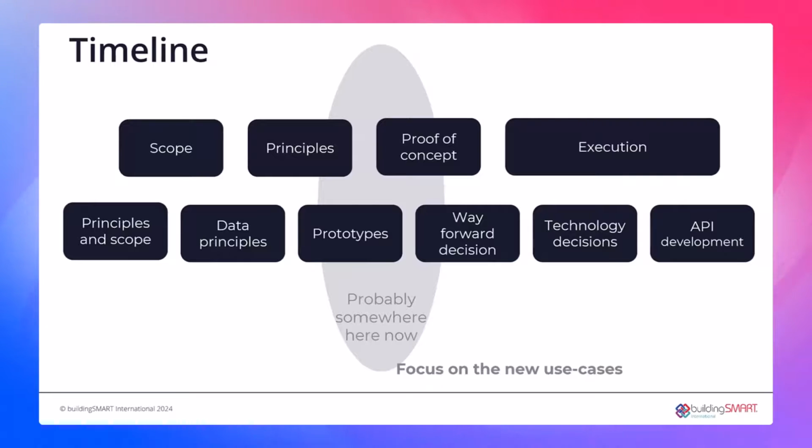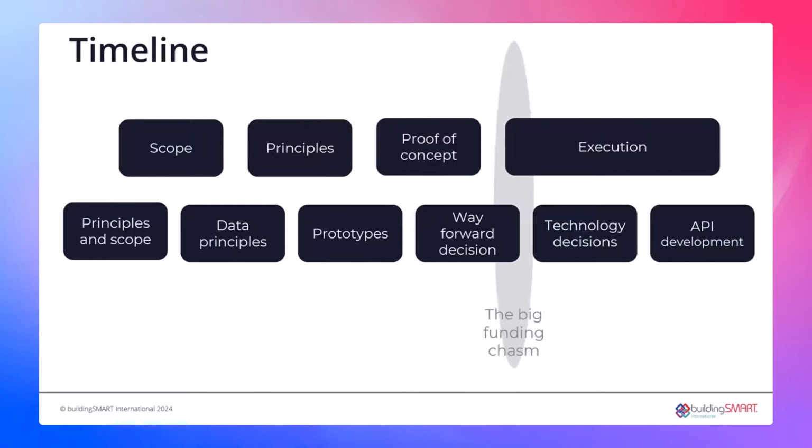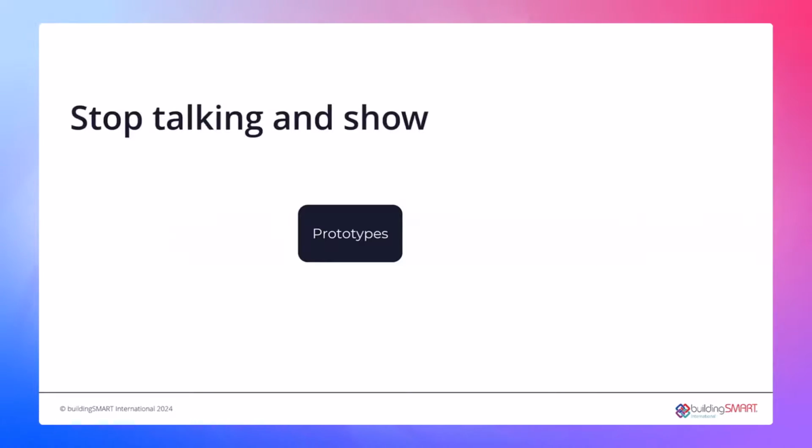I feel we are there, but I will hold my breath until the end of this meeting today. And then around here comes the big funding gap, because then the experiments need to become actual things that we can test and continue development on and bring to ISO, et cetera. That's the challenge that we have.